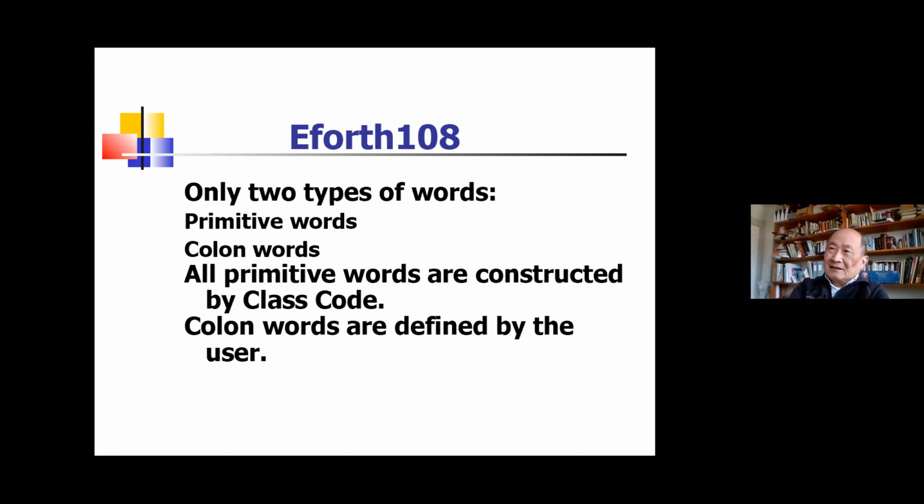So the nice thing about this Java eForth is that it has only two types of words: primitive words and colon words. All primitive words are constructed by class code, and colon words are defined by the user. Any time the user makes a colon definition, it is executed as a token list.